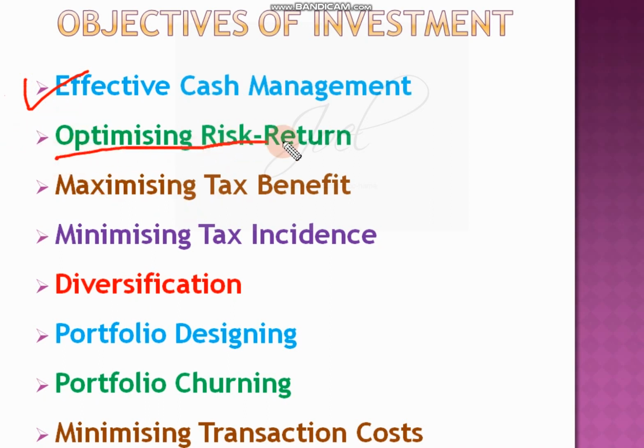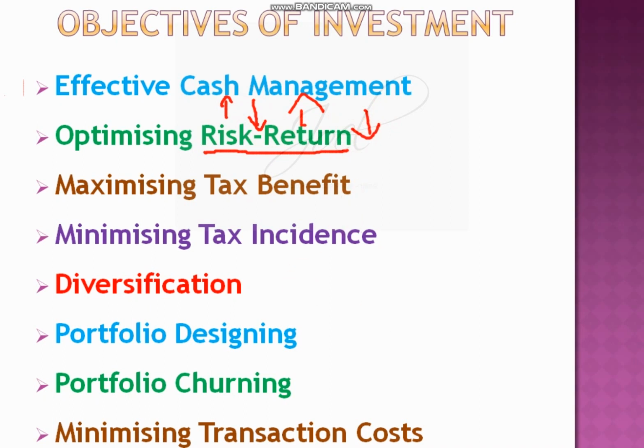Now optimizing risk and return, the concept of risk and return. What is this concept? Already we have studied, or you may have come across this, that where there is more risk there is more return. Similarly, when there is less risk there is less return.